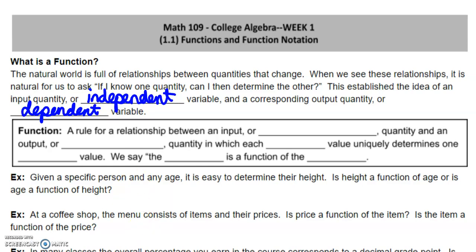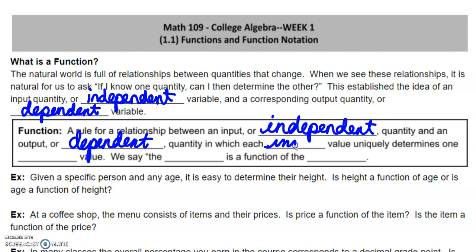So a function is a rule for a relationship between an input or independent variable quantity, and an output or a dependent quantity in which each input value uniquely determines one output value.